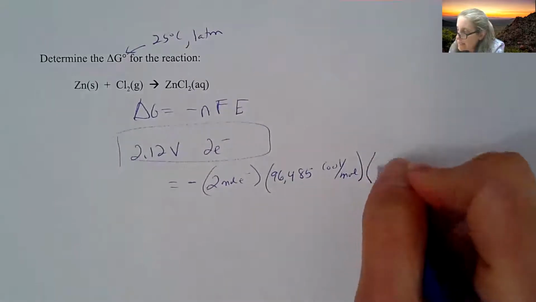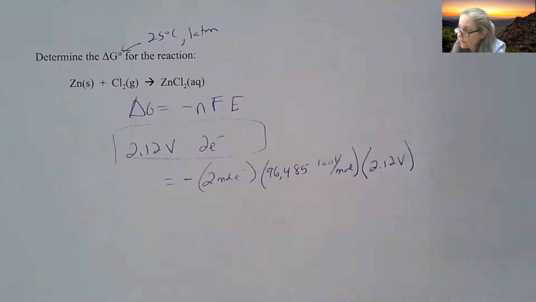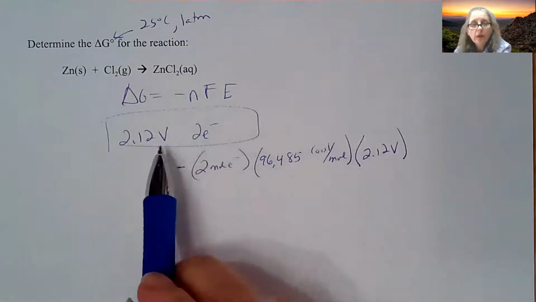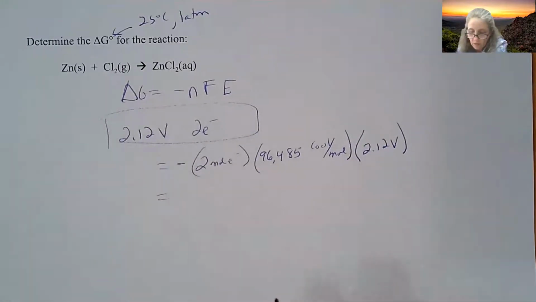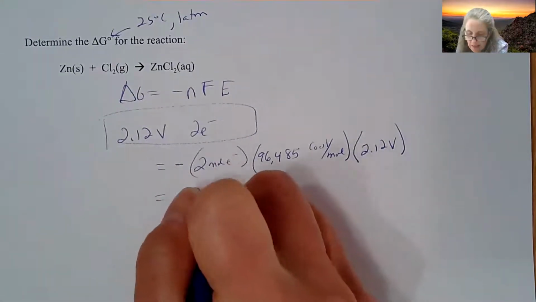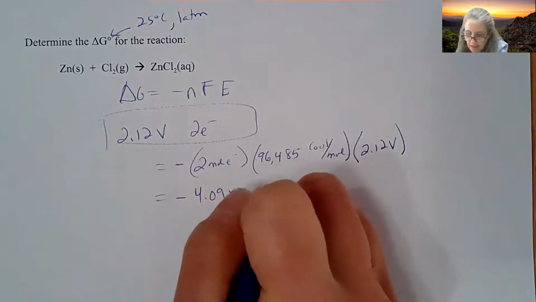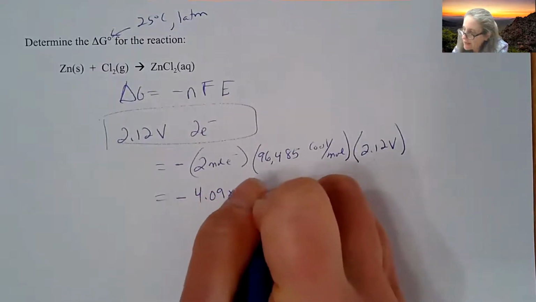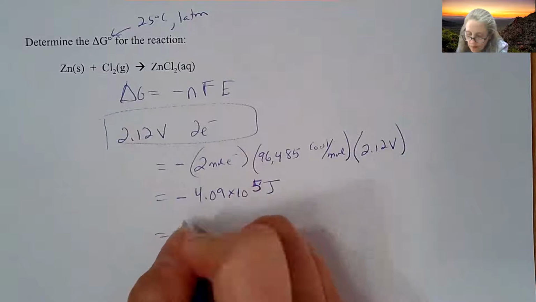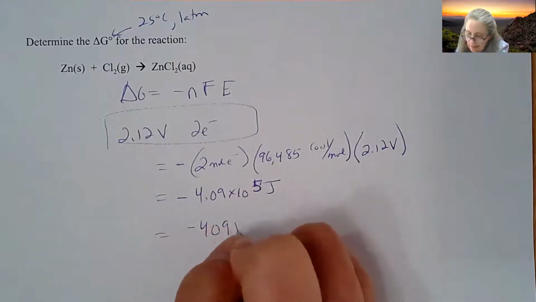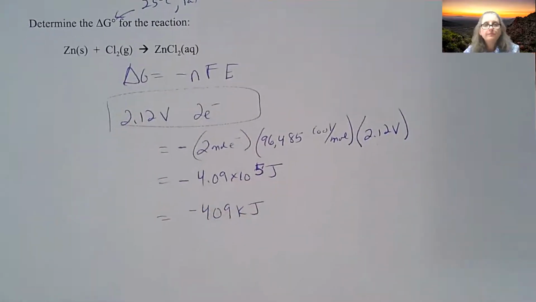And then my E cell is 2.12 volts. And again, that's positive. So when you multiply this out, it comes out to negative 4.09 times 10 to the 5th joules, or negative 409 kilojoules.